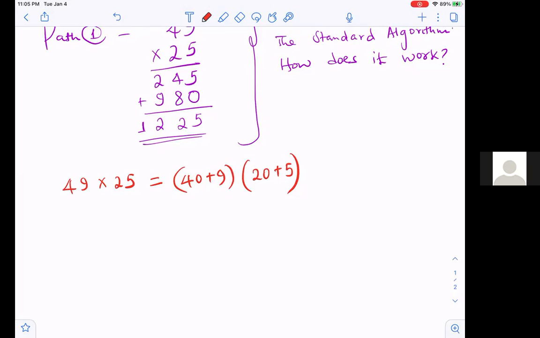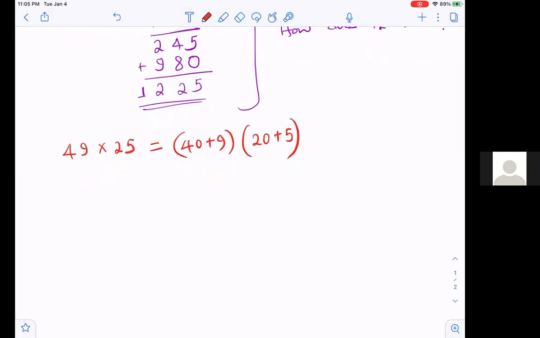So when it comes now to multiplication, with the main focus being on the role of the place value, we can see our path number 2 as something we call use of partial products in multiplication.